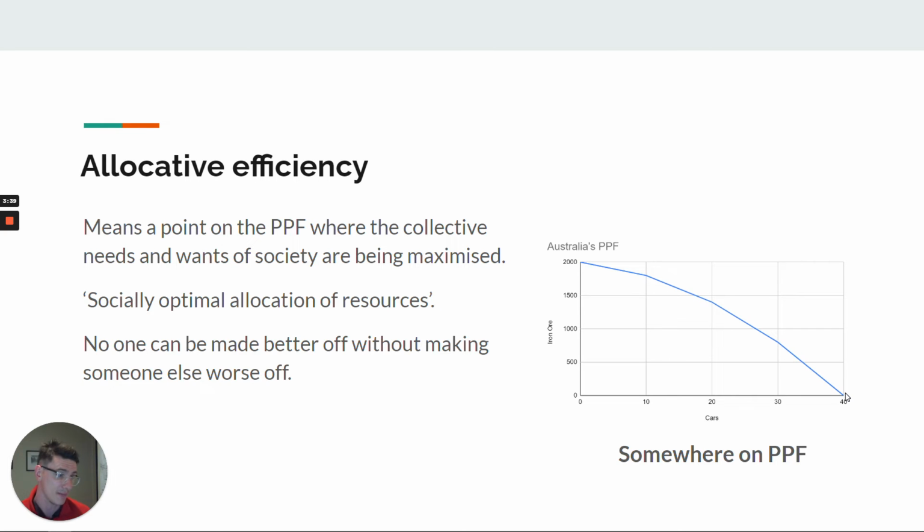Over here on the PPF, it's somewhere on this PPF. Now, we don't really know where it would be unless we surveyed society every day, the entire population, and asked them what they'd prefer, iron ore or cars. Of course, that's ridiculous. And we're going to learn that the market effectively performs this sort of survey function anyway. Wow, amazing, I know.